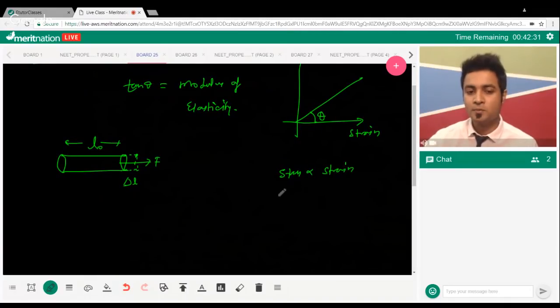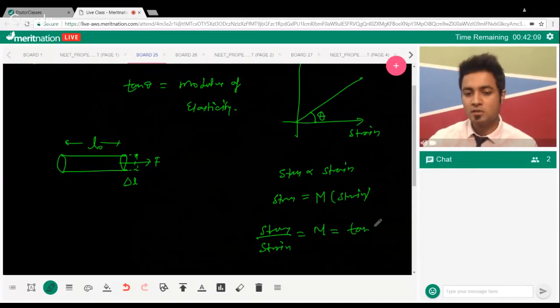And once you remove the proportionality sign, I'm introducing a constant here, that is I'm introducing as M, and this is the strain. And here, this stress upon strain gives me this one, and this is the modulus of elasticity. And here, this is nothing but the slope of the curve.